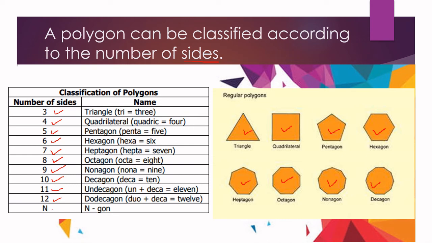Now, if we have n sides, we call it n-sided polygon or n-gon. So, for example, if we have a polygon with 16 sides, we call it 16-sided polygon or a 16-gon. Okay? So, this is how some of the regular polygons are being illustrated.